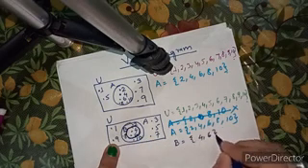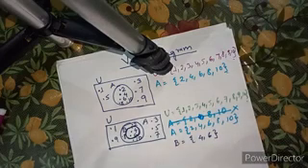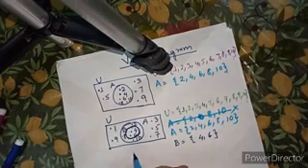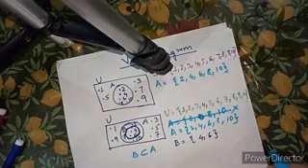Only 4 and 6. Okay, that means we can conclude that B is a subset of A, is it not?